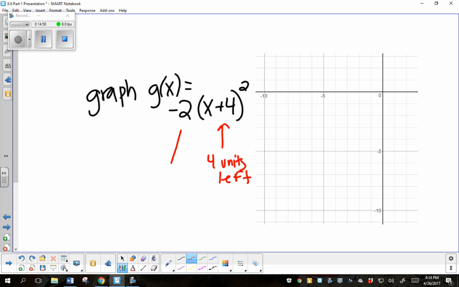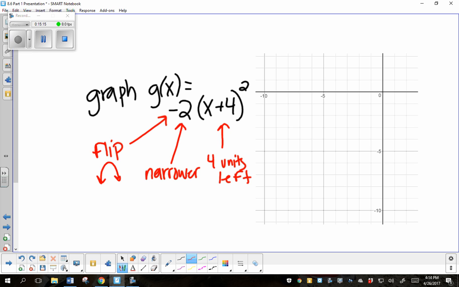We know from before that this 2, since it's a number greater than 1 out there, is going to make that graph narrower than the parent function. The parent function is x squared, just the normal one, the first one we graphed. And we know that this negative is going to flip it upside down. So it's going to open downward, like a frown.